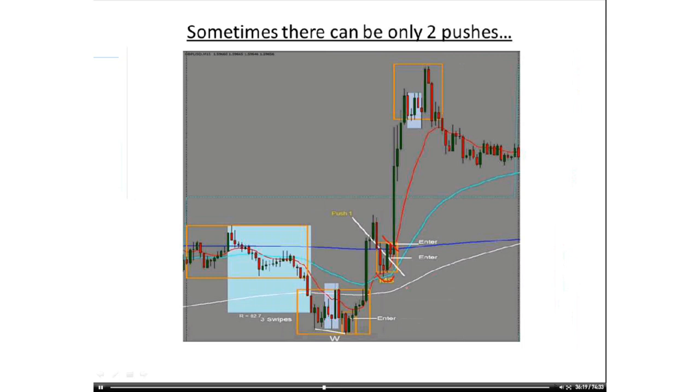Your entry is right there. If it's too big, you wait for the 50% retrace into this candle and take it. All right, so this is only push 1. Now you're looking for push 2. You start seeing this stuff. You're like, not really bouncing off anything. I don't really see anything. Okay, done.